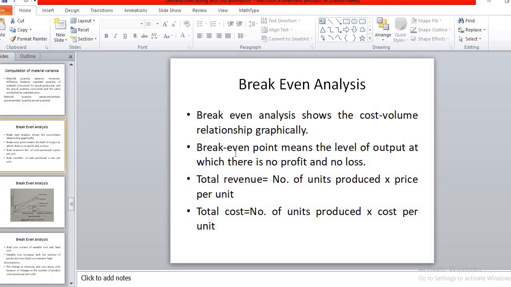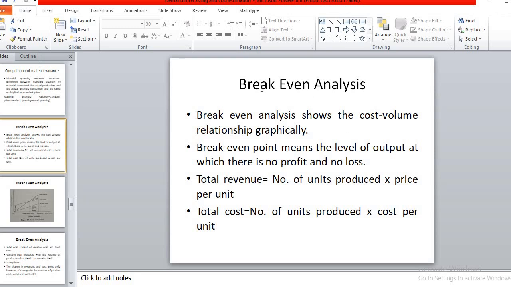So at this break-even point, we observe a level of output at which there is no profit and no loss.